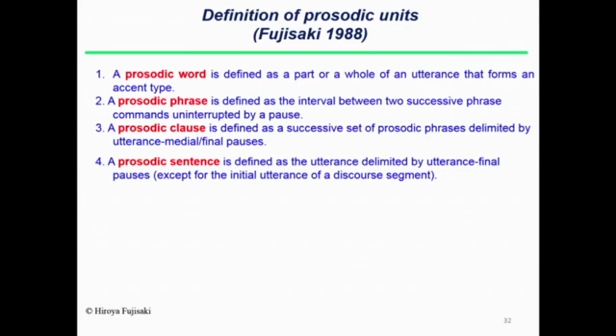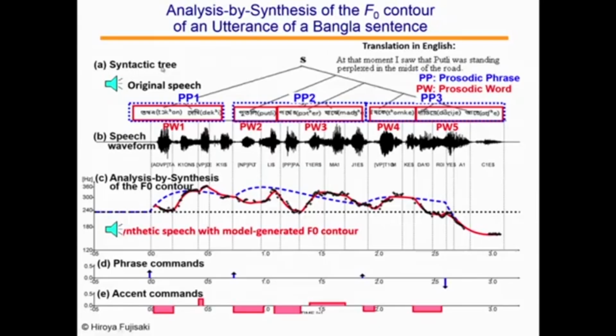The first one is called the prosodic word. Instead of written words, the prosodic word is defined as a part or whole of an utterance that forms an accent type. If you see here, তখন দেখি is one accent type.